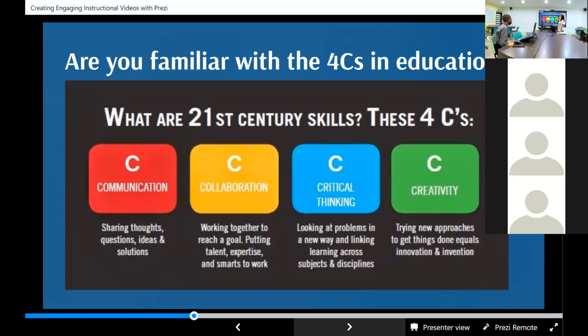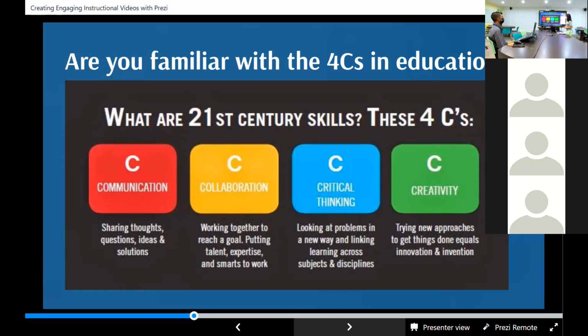The 4 C's in education, or sometimes we call them the 21st century skills, are communication, collaboration, critical thinking, and creativity. We believe that if we embed these 4 C's in our education system and our lessons, students will be well prepared for the 21st century. Do you agree with all these 4 C's?